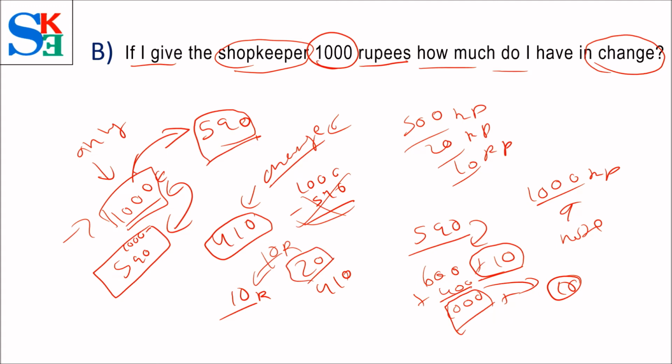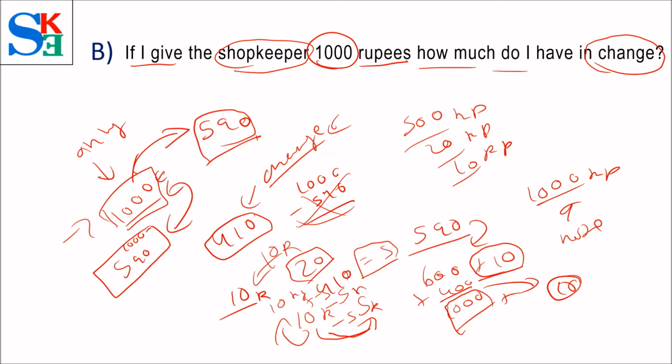Of course, I can't say, oh look, there's a 10 rupee thing and I'll give 5 rupees, so I'll get a change of 5 rupees. No, because that will be minus 5 rupees. Why? Because 10 to 5 is minus 5. So 10 plus minus 5 is equal to 5. So yes, I'll have to give the full 10 rupees for that.